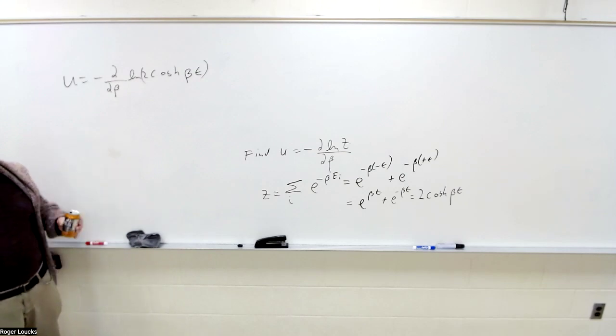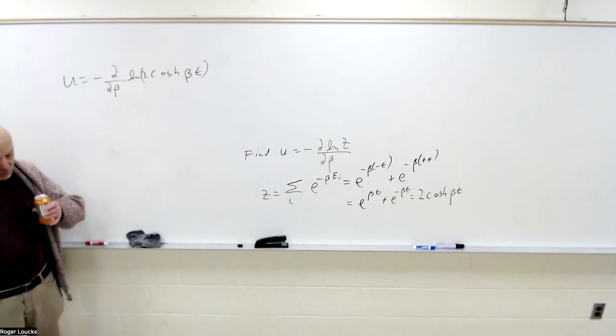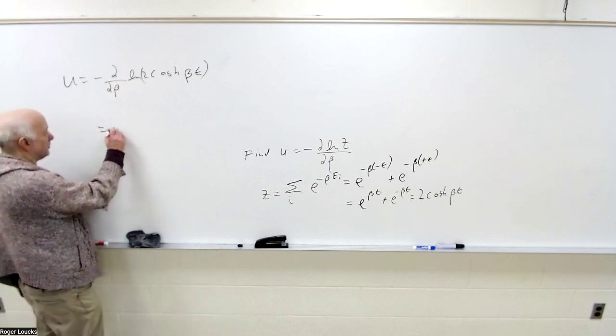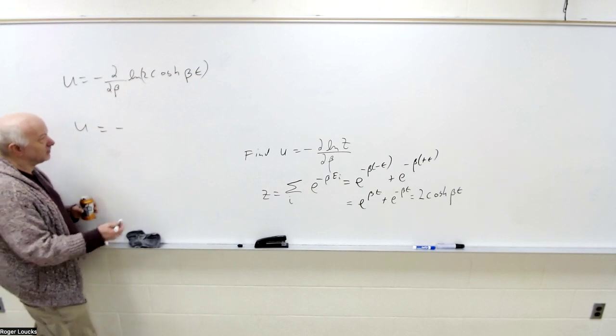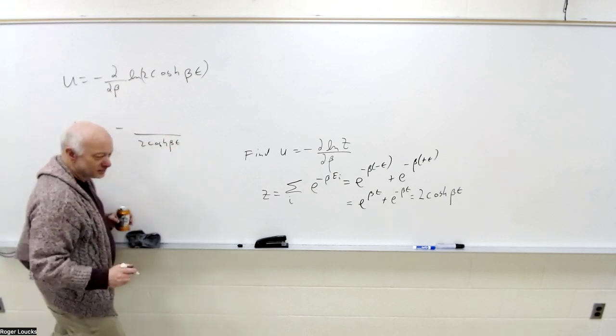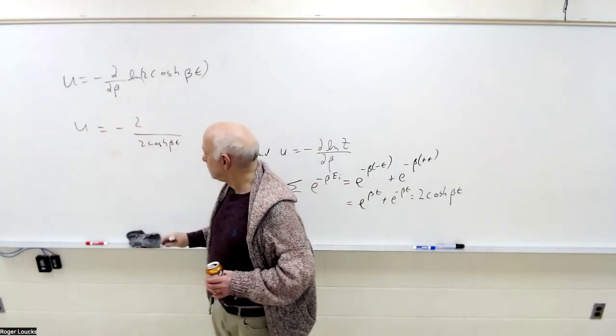I want to do a little review of hyperbolic functions after this. So what goes in the bottom of the logarithm? The 2 times cosh of beta epsilon. Upstairs, a 2 epsilon.